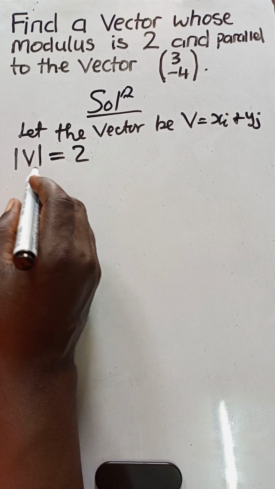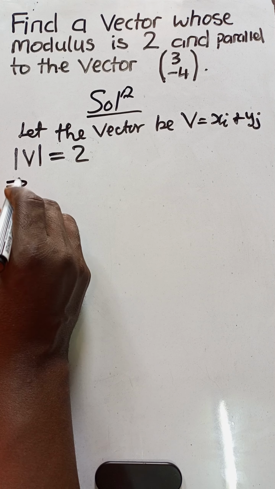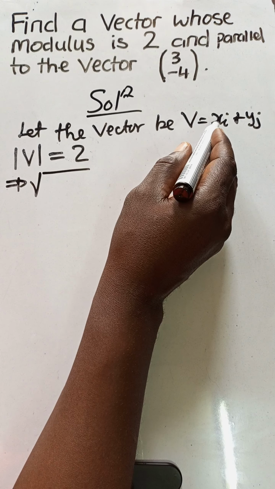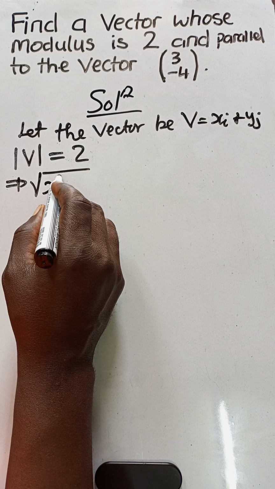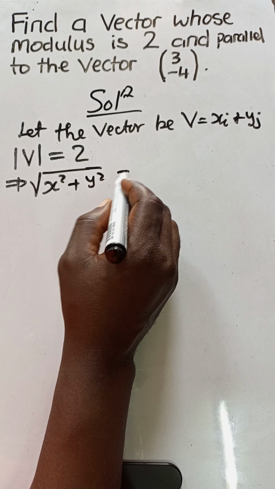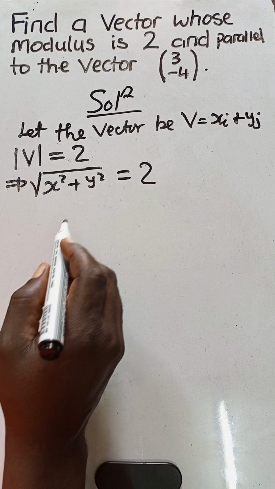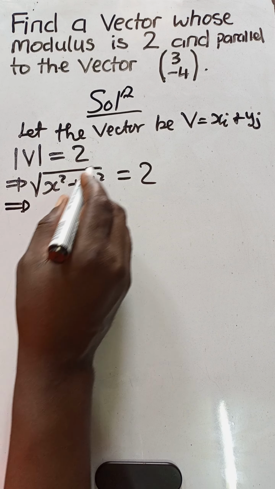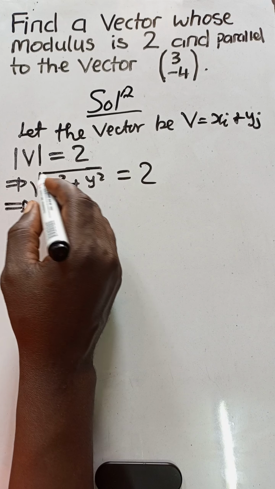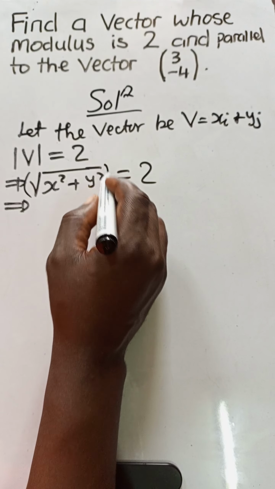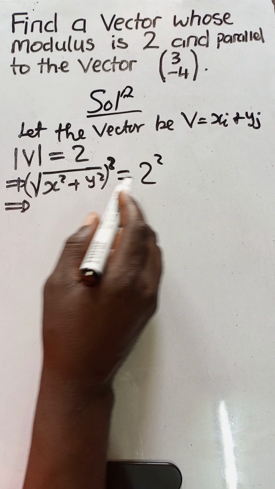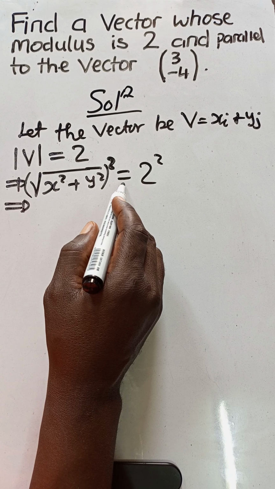All right, let's explore this information. Now the modulus of v is simply the root of the i component squared plus the j component squared. We are told that that result is 2. If we remove the radical sign by squaring both sides, remember, whatever you do to one side, you must do to the other side in order to respect equality.